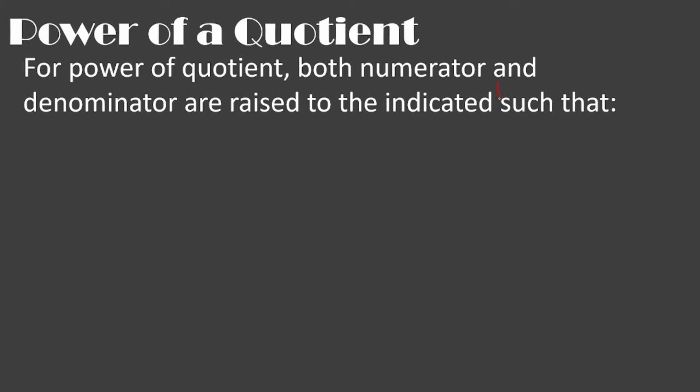So we have to write it here: x over y, quantity raised to m, is simply x raised to m divided by y raised to m. So we simply raise the numerator by m and we simply raise the denominator by m. But y here must not be equal to 0.